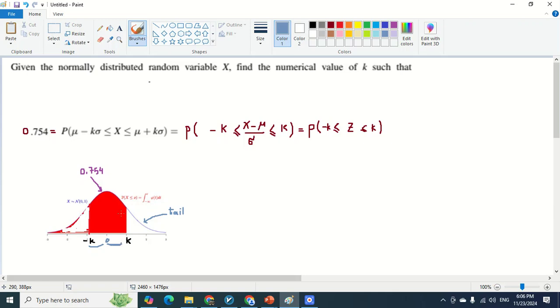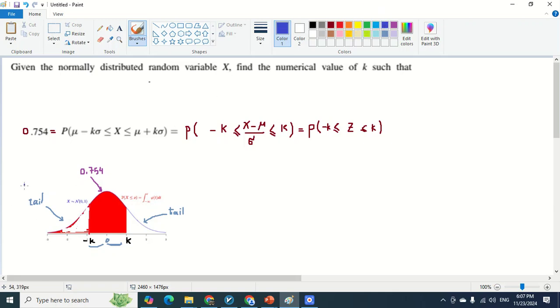And because of that, the area under the curve between k and minus k is given by 0.754, and we have two tails over here. These are the tails of this diagram. Both of these tails have the same area. If I want to calculate the area of a tail, it can be easily calculated.